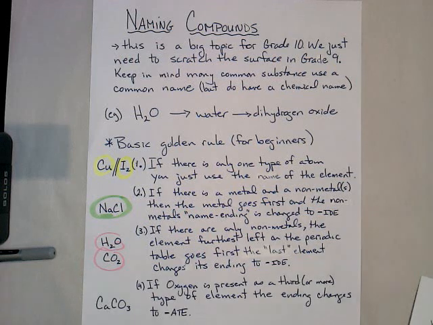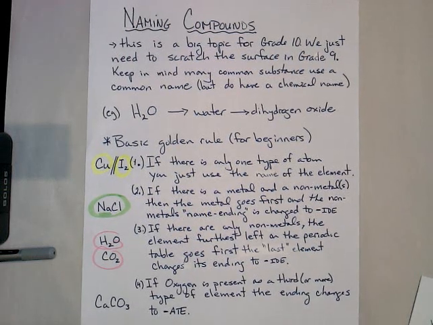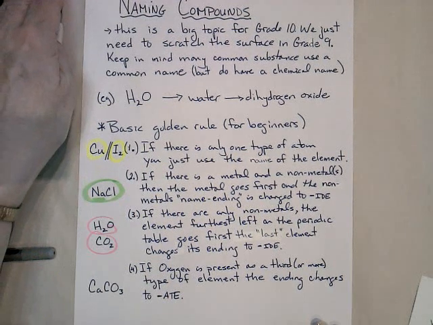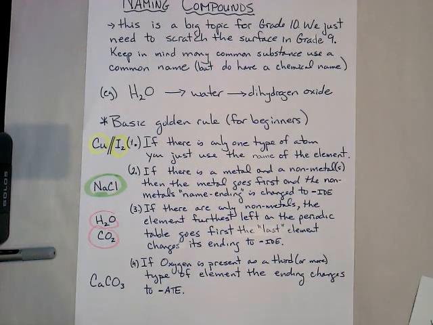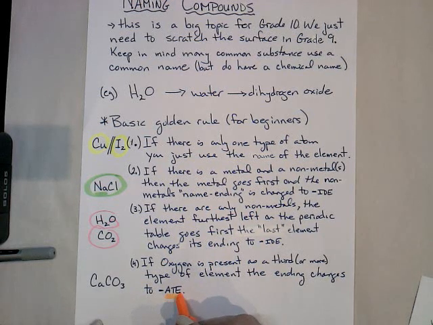And then finally, the last rule I'm going to tell you about is this one. If oxygen is present as a third, or more, because sometimes you could have 4 or 5 elements, if oxygen is present as a third type of element, the ending changes to "ate." Okay, and so you can see here there's calcium, carbon, and oxygen.